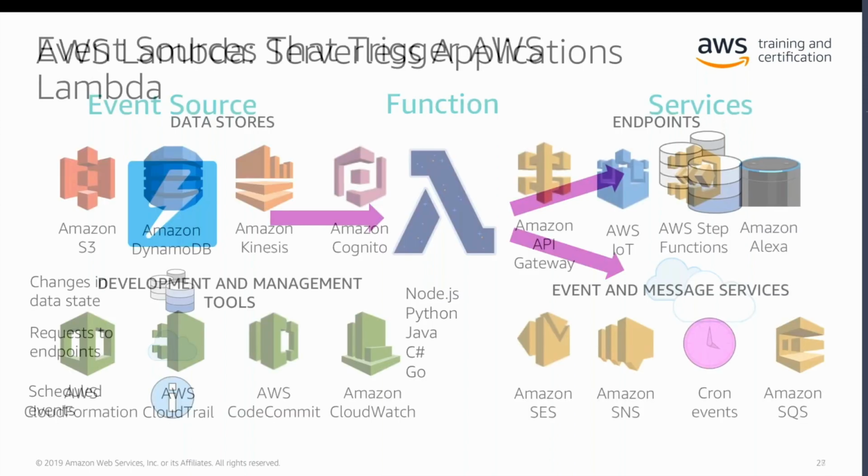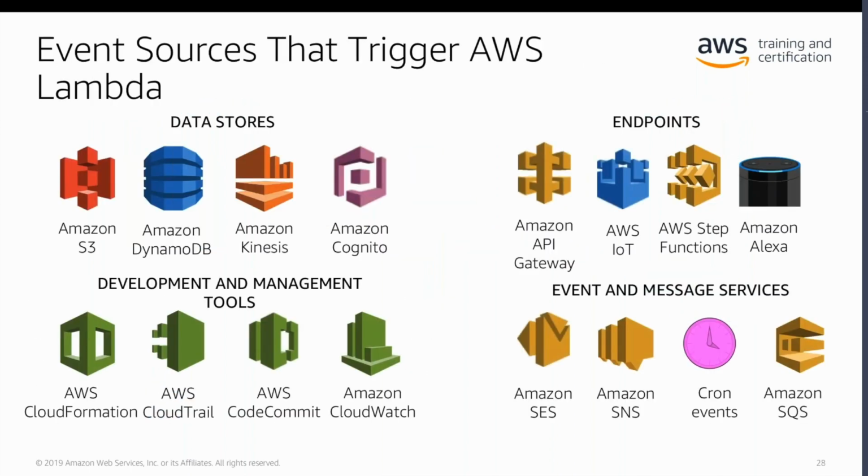So you can have any number of event sources out there like S3 or DynamoDB. A new record hits a DynamoDB table that generates a Lambda function that goes and does something with that, or a new file hits an S3 bucket that launches a Lambda function, or a new record hits a Kinesis stream that launches a Lambda function. We can have all different sources out there that trigger Lambda functions.